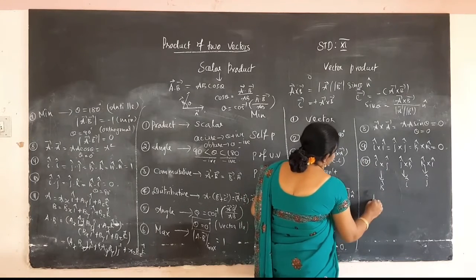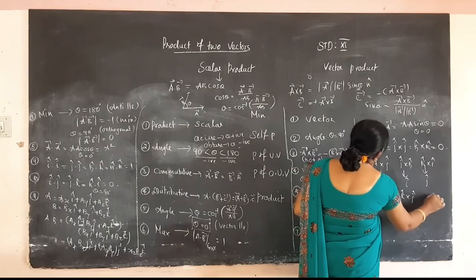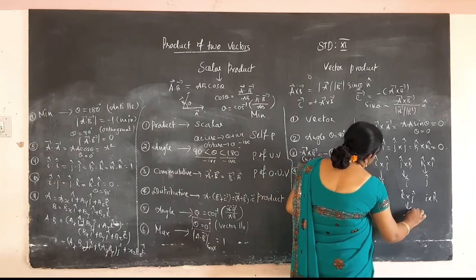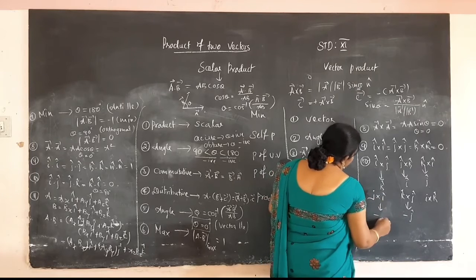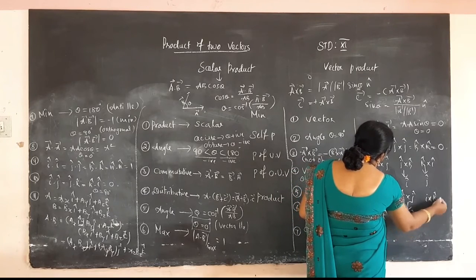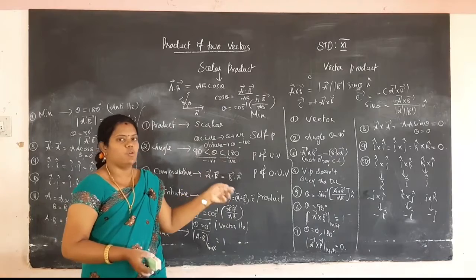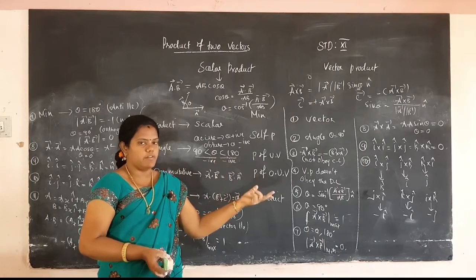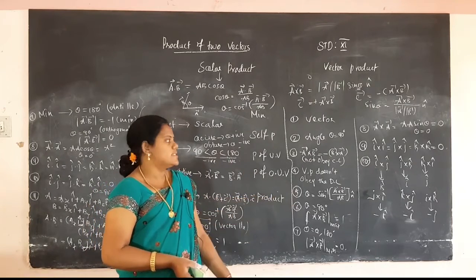J cross I is equal to... J cross I, K cross J and I cross K. So J cross I means minus K, K cross J is minus I and I cross K is minus J. Okay, this is the vector product of orthogonal unit vectors. ரெண்டு ஆர்த்தோகோனல் யூனிட் வெக்டாரை நீங்கள் மல்டிப்ளை பண்ணிங்கன்னா தேர்ட் ஒன் தான் ஆன்சர் வரும். பட் ரெண்டையும் நீங்கள் மாற்றி போட்டிங்கன்னு வச்சுக்கோங்களேன், நெகட்டிவ் ஆஃப் ஆர்த்தோகோனல் யூனிட் வெக்டார் ஃபைண்ட் அவுட் ஆகும். ஓகே, திஸ் இஸ் த 10th point.